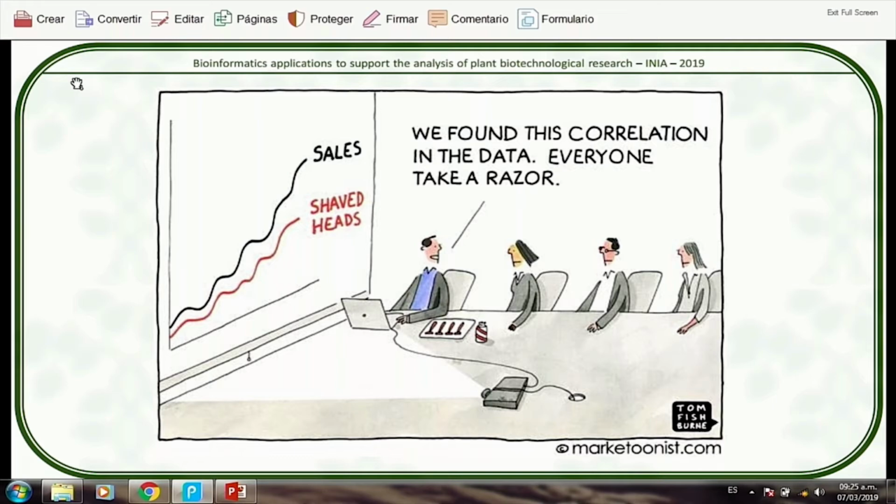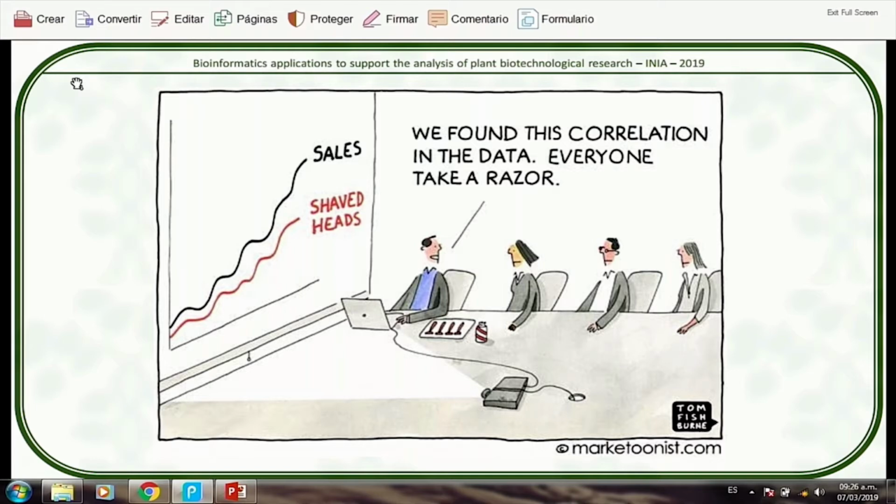Now, this is actually a joke, where some data scientists discovered that there was a high correlation between the number of sales in the company and the number of people that had just shaved their heads. So the company makes the decision that says, yes, let's all shave our heads because that's gonna raise the number of sales.